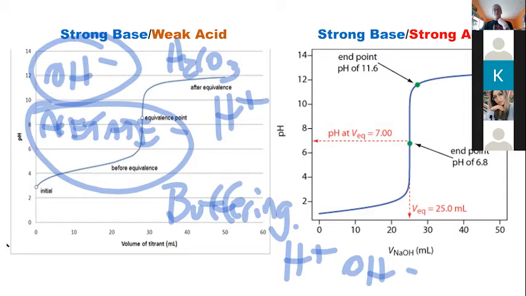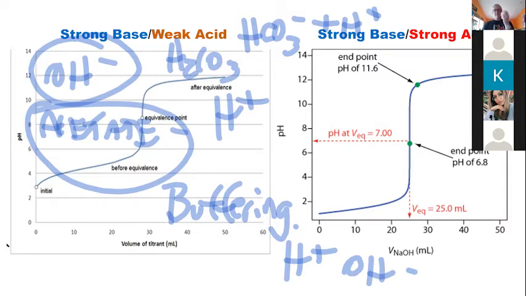Carbonic acid is a very weak acid. When it dissociates, you get a weak base called bicarbonate. It keeps the pH of your blood around pH 7.4, 7.5. So what a buffer does is it keeps the pH relatively constant.